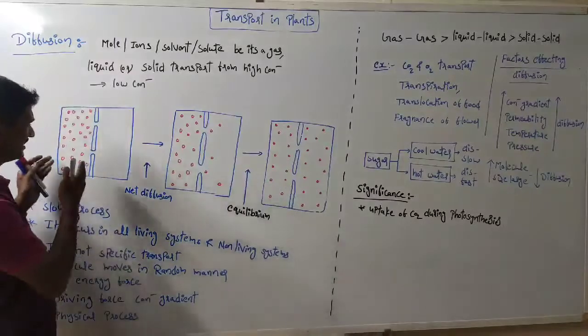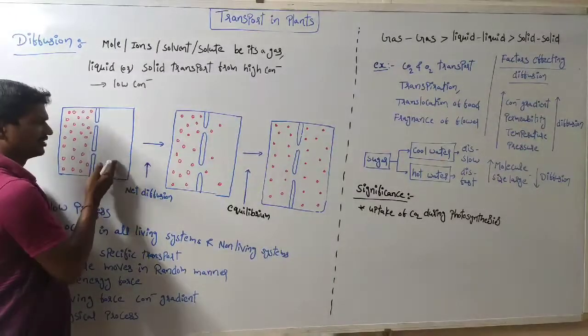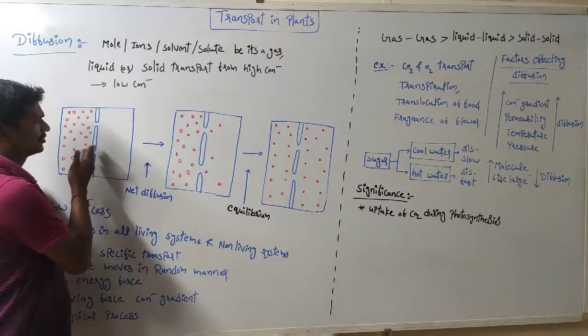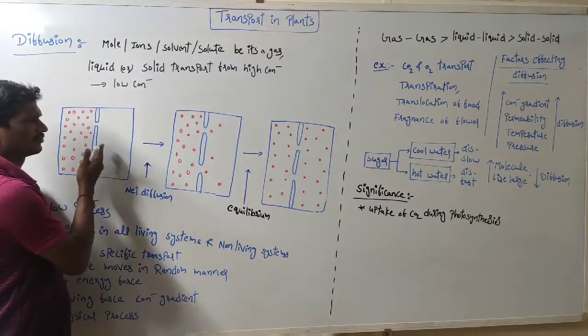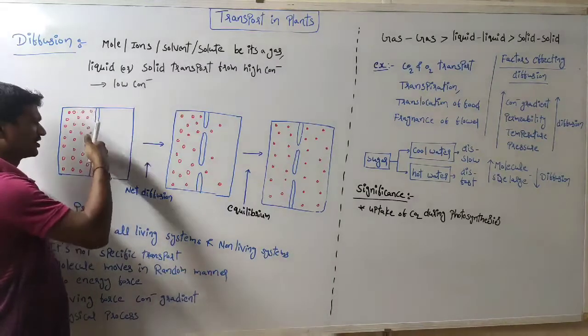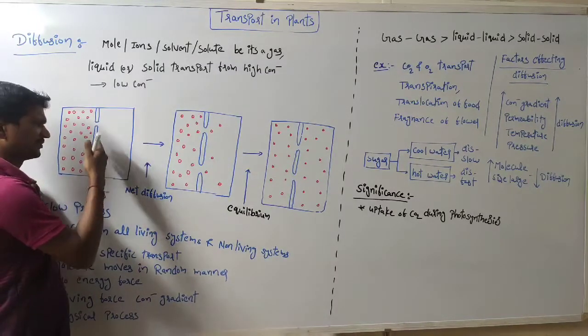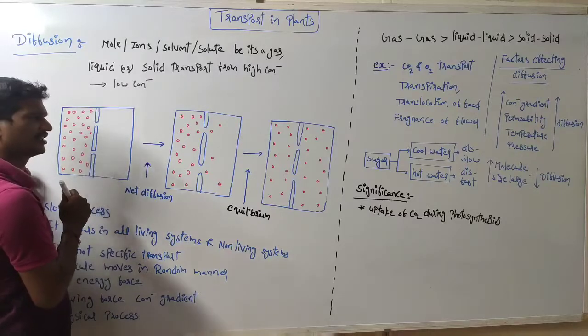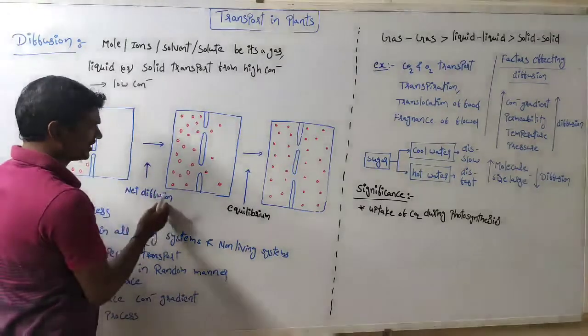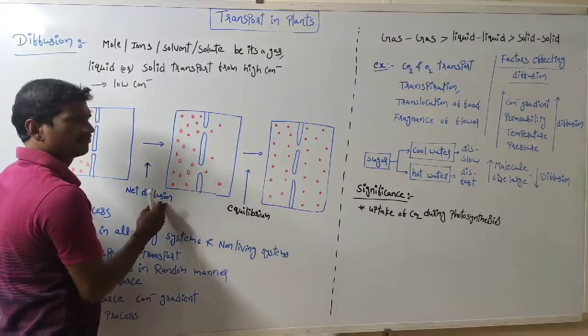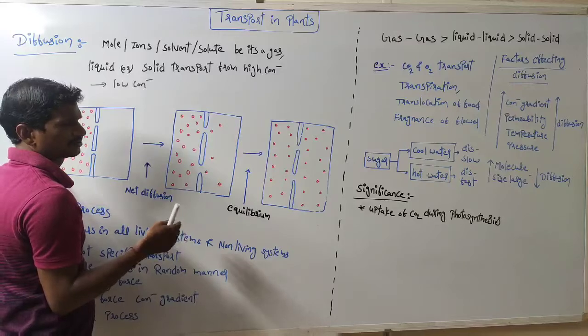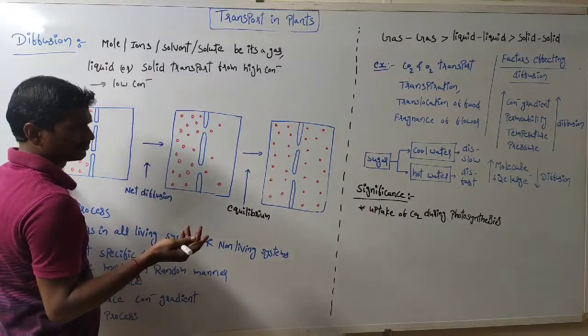So this is the high concentration region and this is the low concentration region. The molecules try to transport from here to here. Here there is no specific barrier. Net diffusion takes place. Always the molecules try to maintain the equilibrium state.